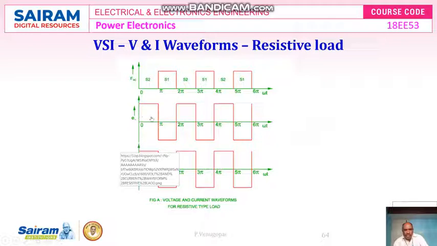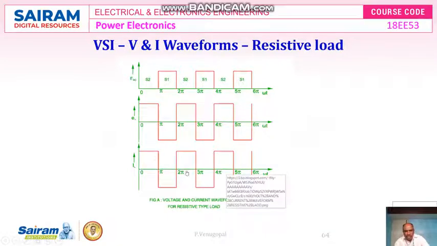So look here, for the period 0 to pi, S2 is switched on, and the voltage applied across the load is shown here. This is plus Vm. And when the switch S1 is turned on, for the period pi to 2 pi, the output is the negative peak value of the voltage.